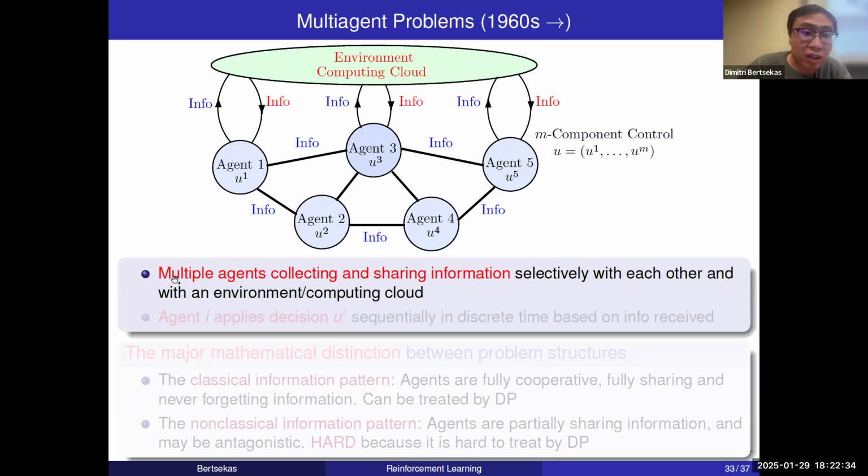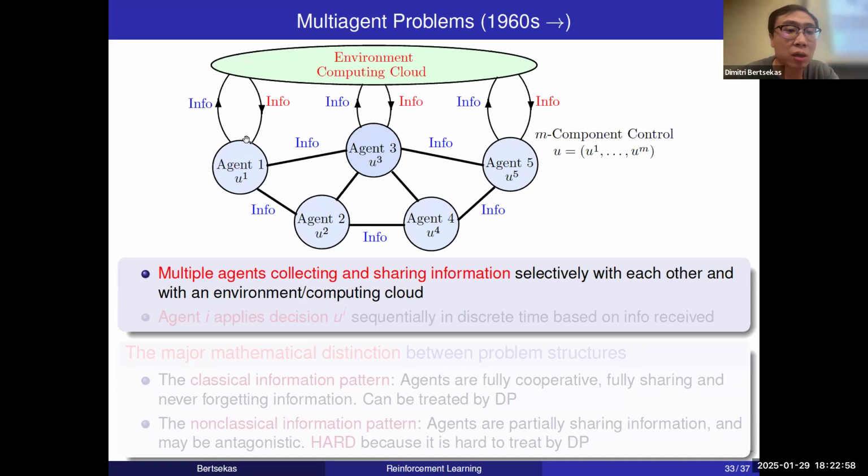And the defining character of the multi-agent problem is that there are multiple agents collecting and sharing information selectively with each other and with an environment, or you can think of it as a computing cloud. So if you look here, there are agents 1, 2, 3, 4, 5, and they collect the information and share information with each other selectively.